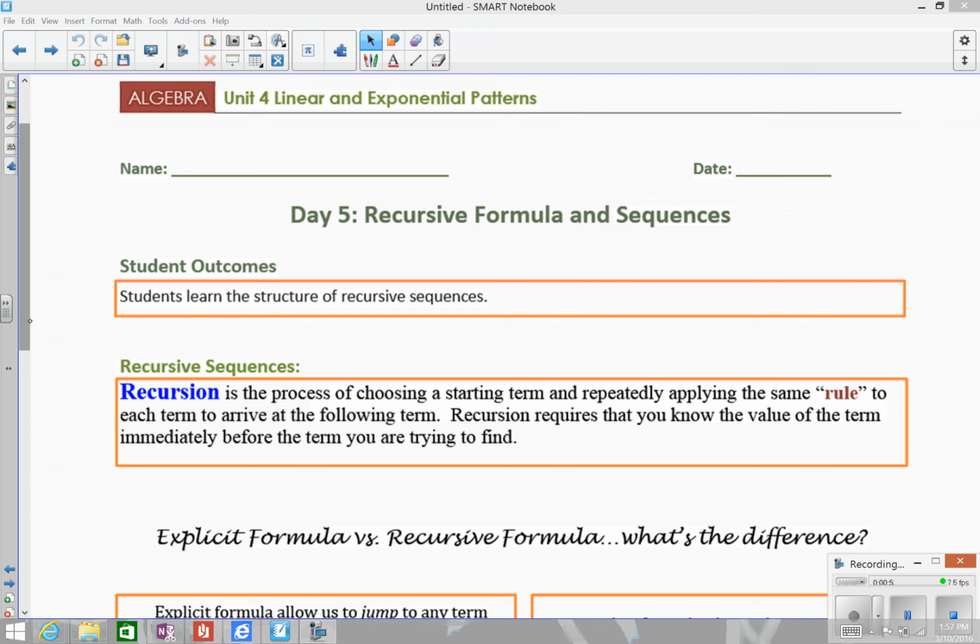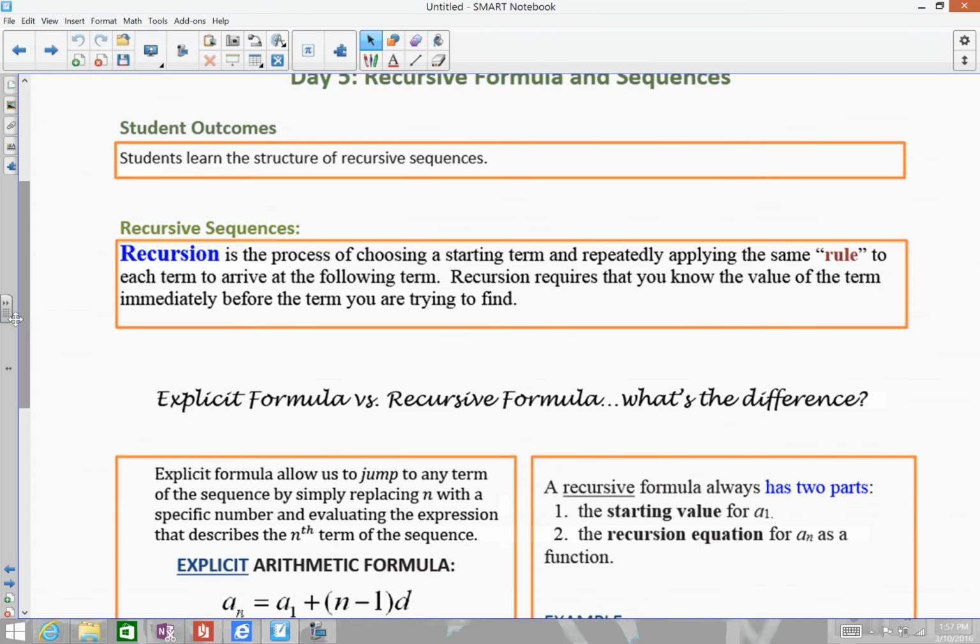So for recursive formulas, if you want to know the 100th term, you'd have to know the 99th term so that you can add or multiply that term by some number. If I wanted to know the 50th term, I'd have to know the 49th term. If I want to know the 49th term, I'd have to know the 48th term, and so on. So with recursive, you apply the pattern to whatever the previous term is.